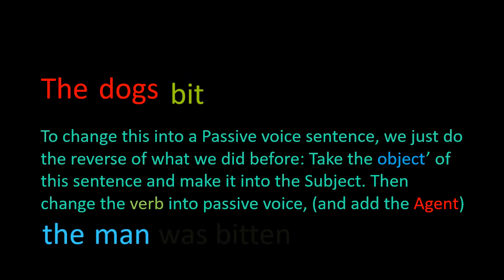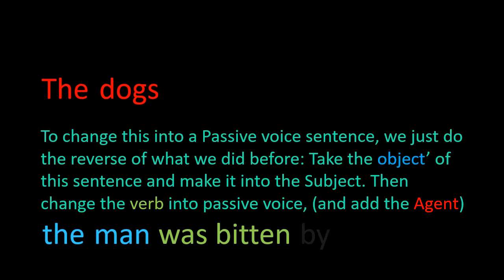So, was, and then verb 3. It's only one man, singular man, so the man was bitten. If the dogs bit many people, then it would be the men were bitten. But this is singular, it's just the man. And then the man was bitten.